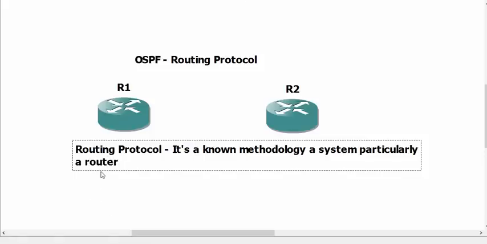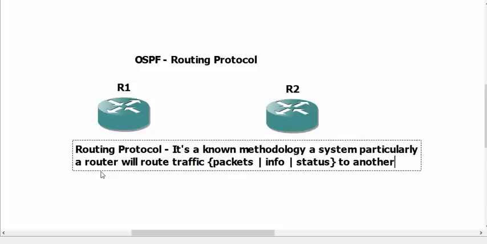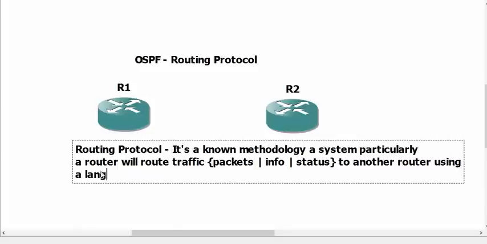A router will route traffic, in brackets packets, information, status, to another router using a language they both can agree upon.